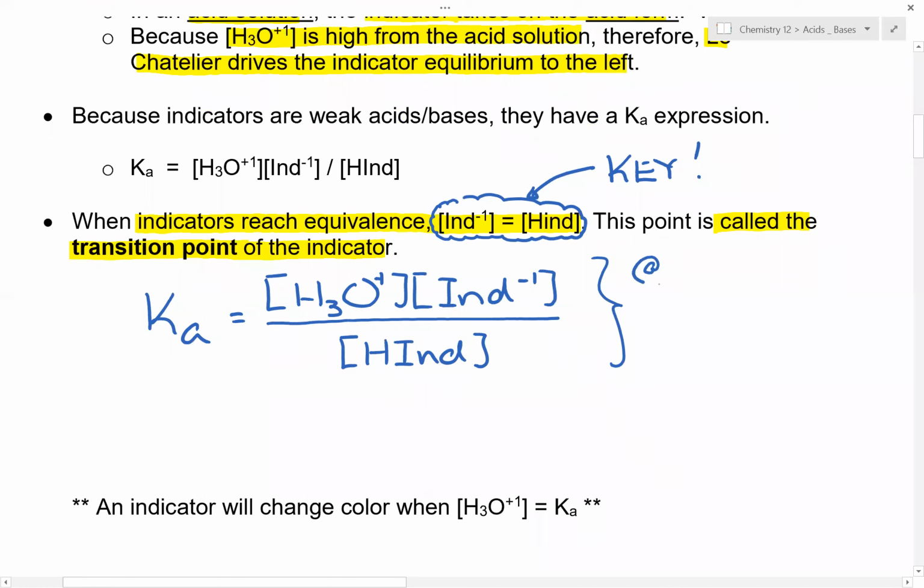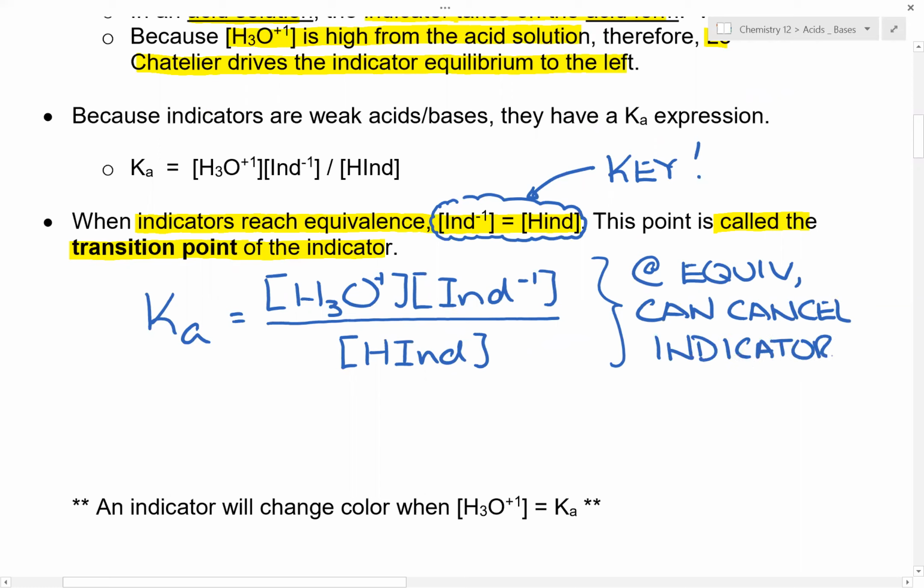At equivalence, we can cancel the indicator concentrations. So I can cancel here, I can cancel here, and what I get is Ka is equal to the concentration of H3O plus.